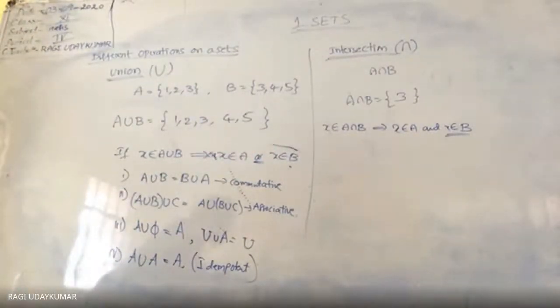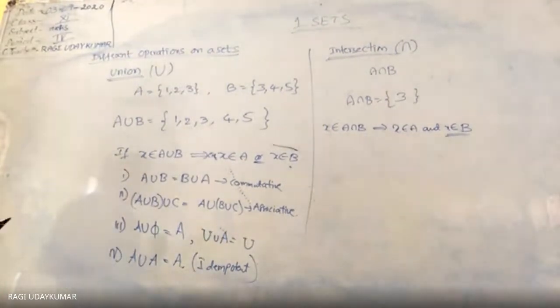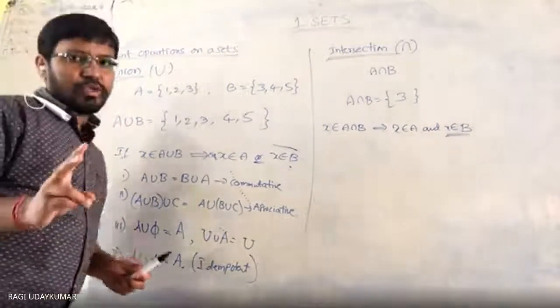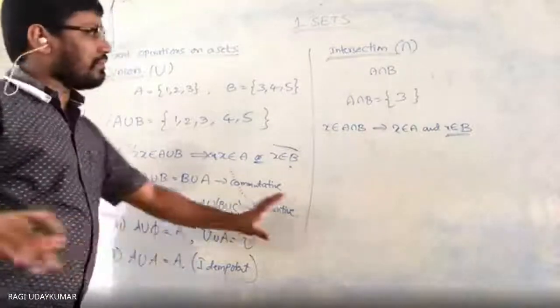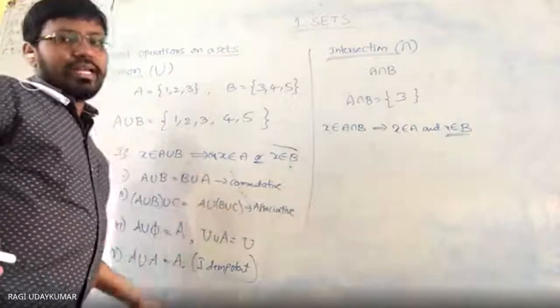Commonly you are going to have the distributive laws: intersection distributing over the union, and union distributing over the intersection. Two distributive laws. The same properties you are going to have in both the union and the intersection.